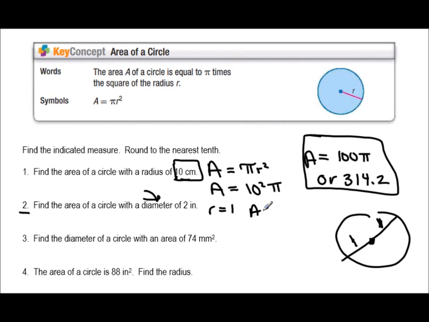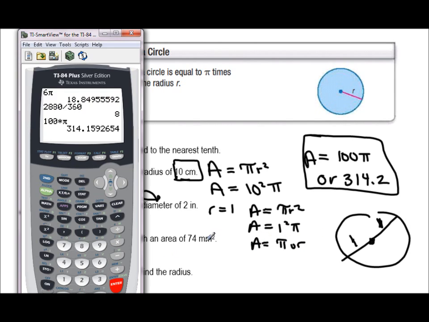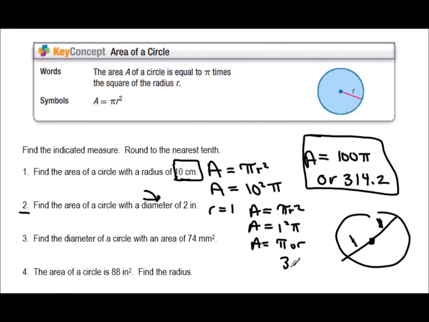So the area would be pi times the radius squared, or 1 squared times pi. And 1 squared is just 1. So the area would be just pi, or the value of pi, which is 3.14. So we can use both answers.